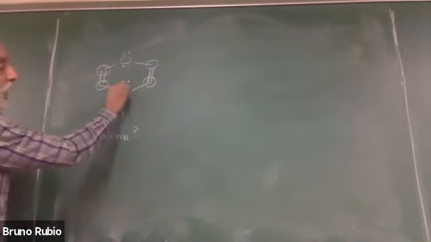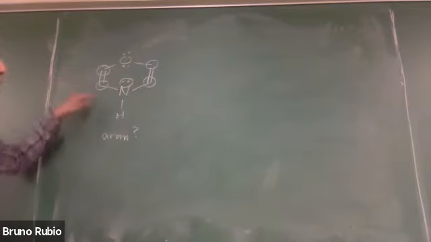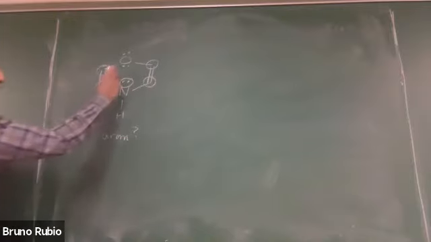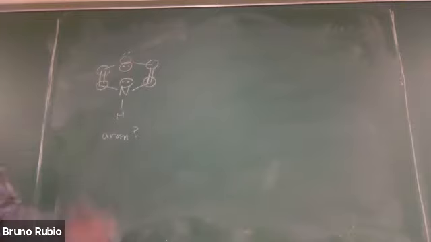So if this nitrogen puts these two electrons into a p orbital, we still don't have the donut, we just have a horseshoe now. If this oxygen puts this electron pair into a p orbital, now we have the donut.